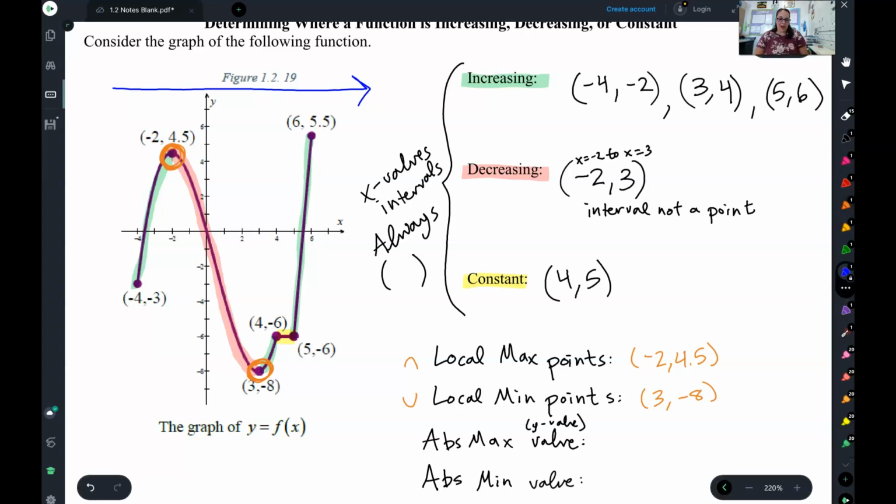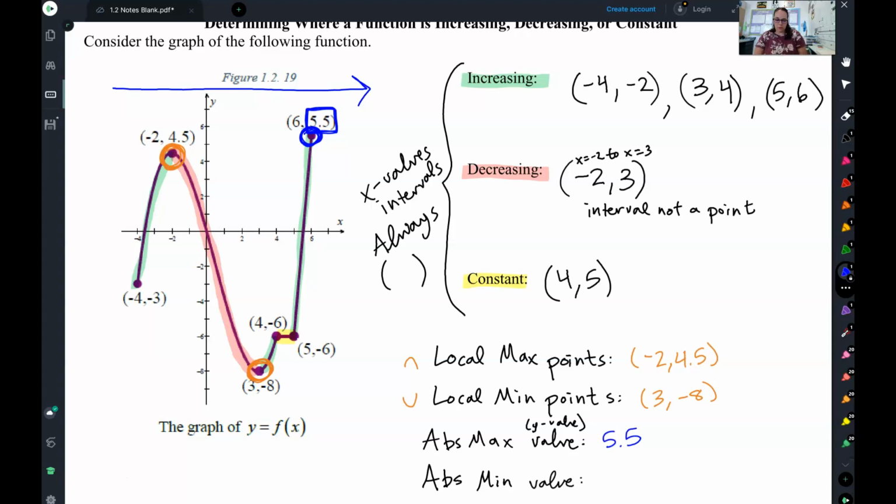Now let's look at our absolute max value. So that is absolutely the highest point on the graph. Looks like that is the highest point on the graph. And value means I want the y value of the point, not the whole point. So we're going to say 5.5. That is the absolute maximum y value on this graph.